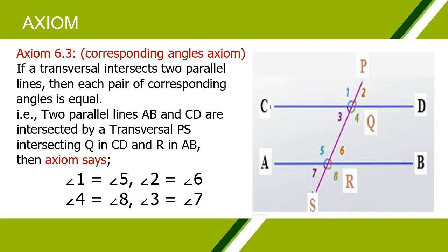That is, two parallel lines AB and CD are intersected by a transversal PS, which is intersecting CD at point Q and AB at point R. Then according to the axiom, angle 1 equals angle 5, angle 2 equals angle 6, angle 4 equals angle 8, and angle 3 equals angle 7.